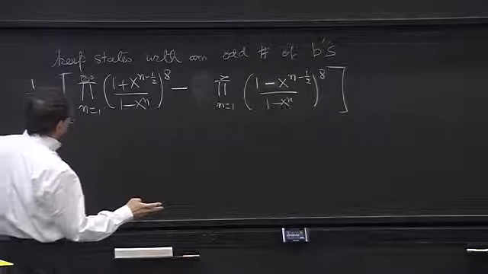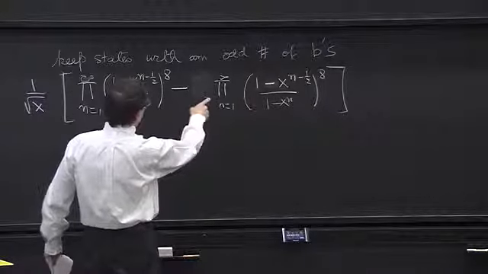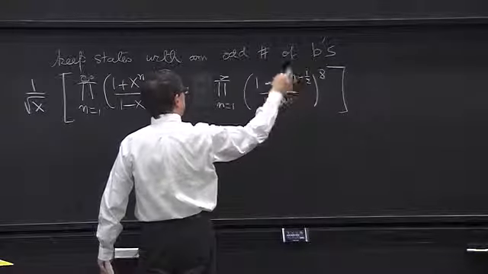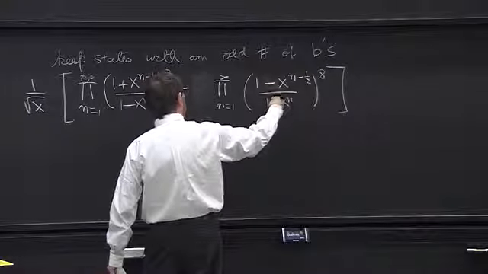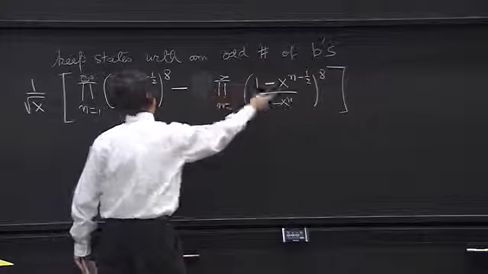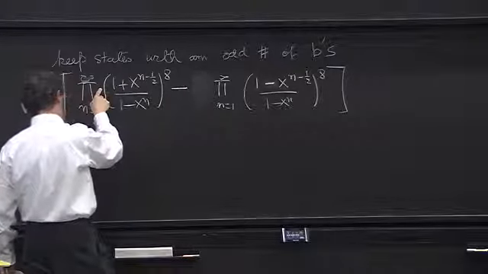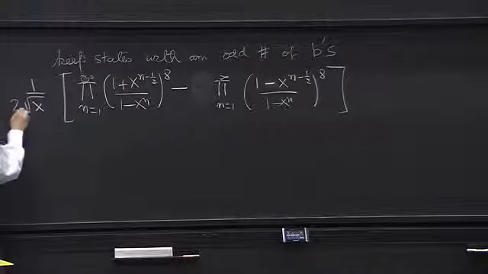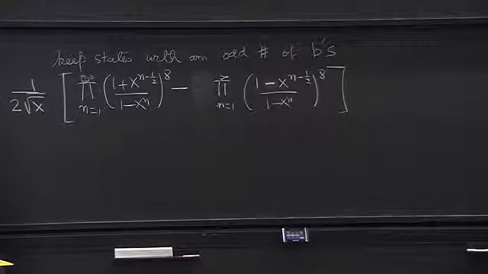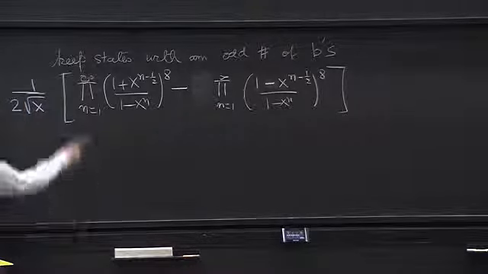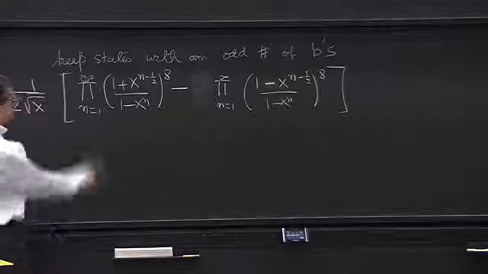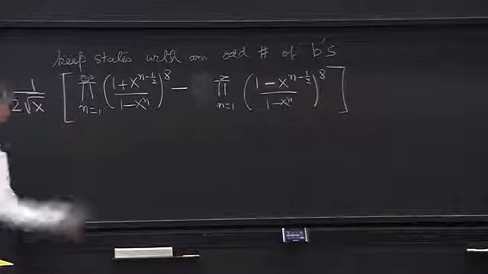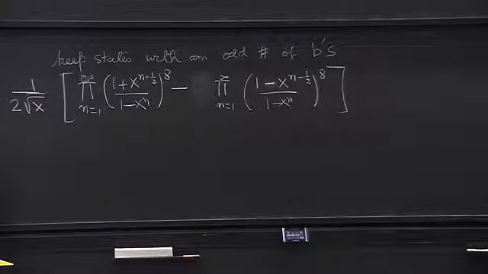Now the ones with an odd number of x's that get an extra minus sign from here will add to the ones in here, so I get twice as many. So I must put a 2 here. And the ones with an even number of b's will cancel out. So this is the new generating function for NS plus.